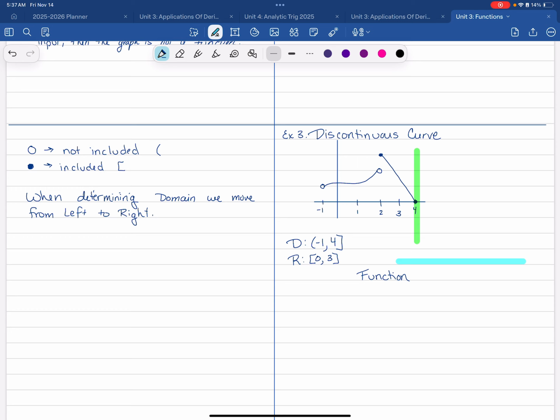And when determining range, we move from the bottom of the graph to the top.